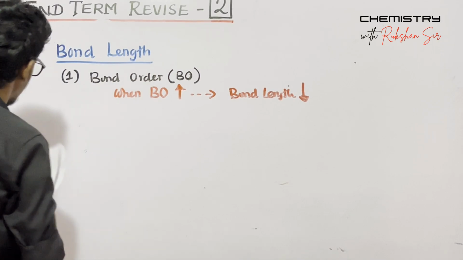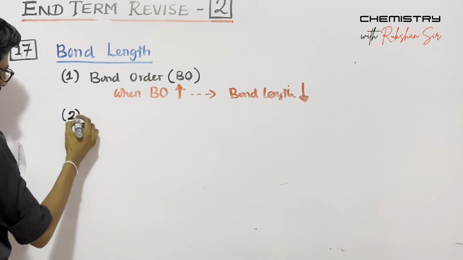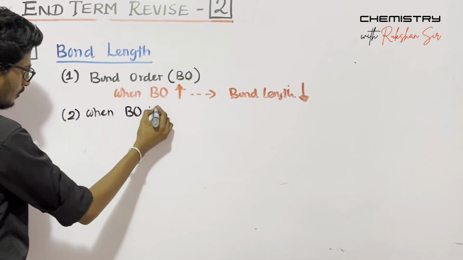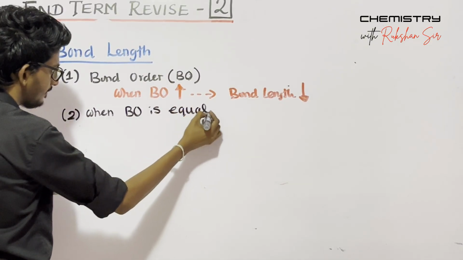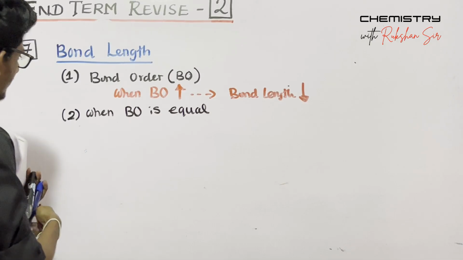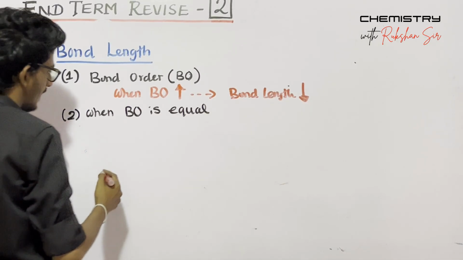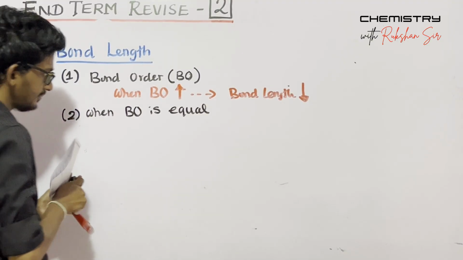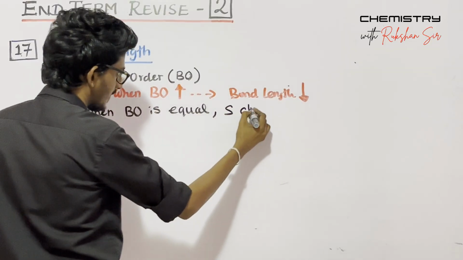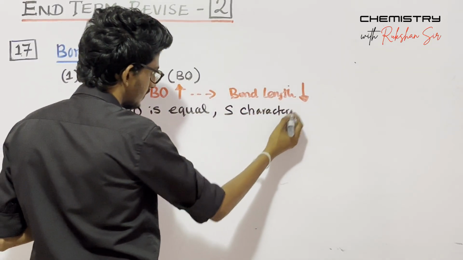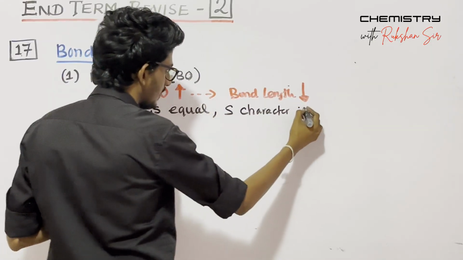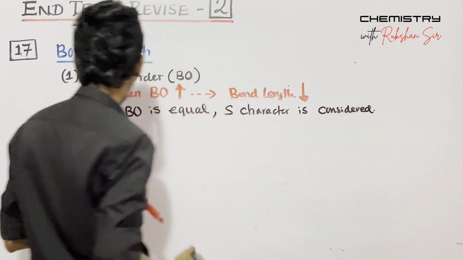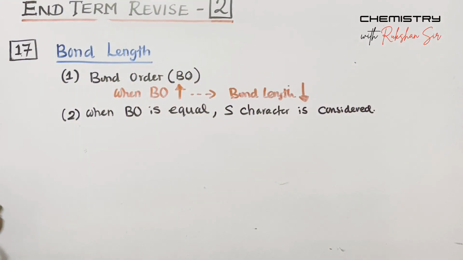The second consideration is when the bond order is equal. When bond order is equal, we have to consider the S character of hybridization. What does it say?